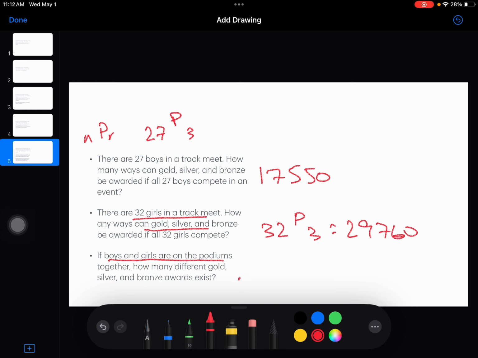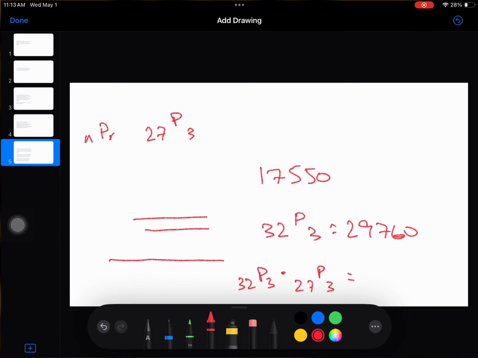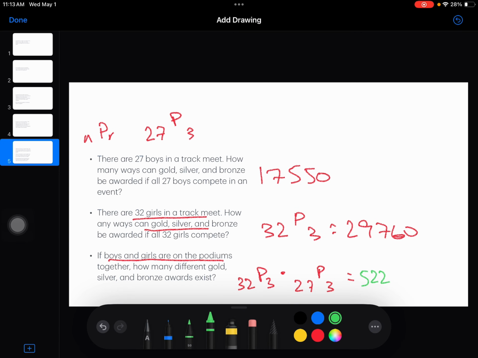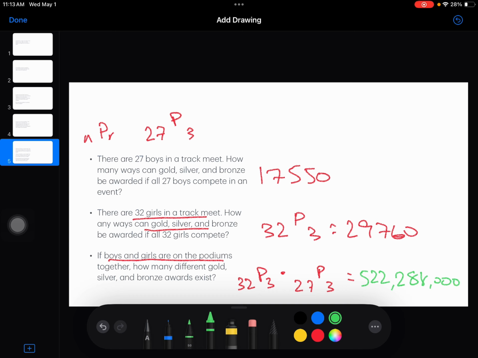Well, each of the possible arrangements of the girls can be paired with each of the possible arrangements of the boys, and so we're just going to multiply these together. 29,760 times 17,550 is equal to 522 million, 288,000 possible arrangements of 3 boys and 3 girls out of only a total of 59 boys and girls. And so that's quite a lot. That's a huge number.